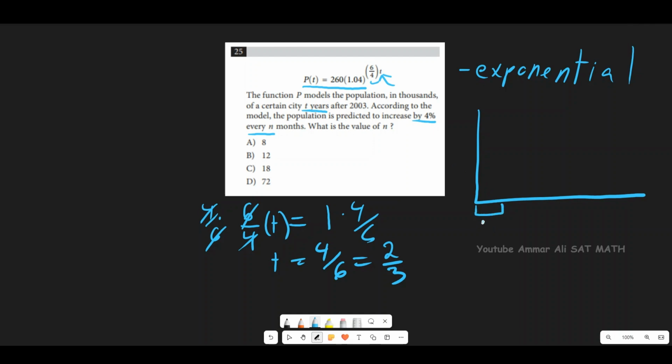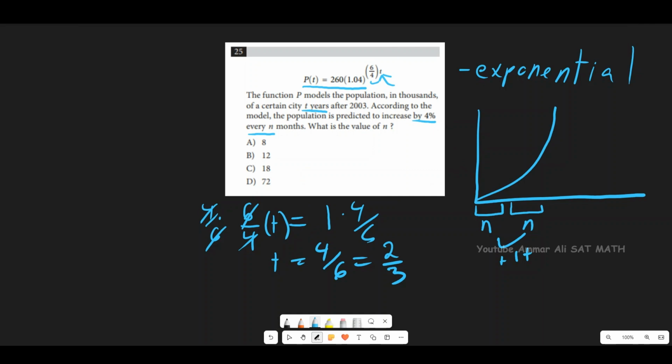Let's just say that's n months, right? And we are incrementing by n months whenever we increase this exponent, by increasing t by 1, right? So we can just imagine that this is like a plus 1t, etc., etc. And then whatever happens with the graph happens with the graph. So that's kind of what we're doing here, right?